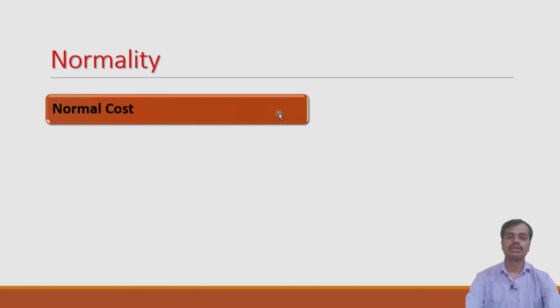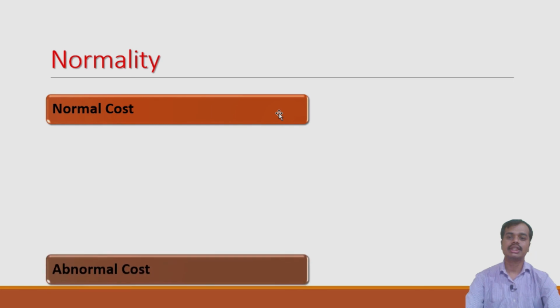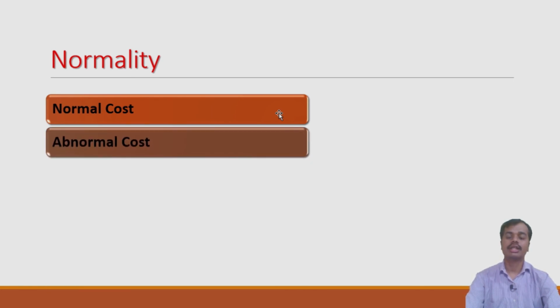It is the cost which is normally incurred at a given level of output in the condition in which that level of output is normally attained. It is a part of cost of production. Second is abnormal cost. It is the cost which is not normally incurred at a given level of output in the conditions in which that level of output is normally attained. It is not a part of cost of production and is charged to costing profit and loss account.